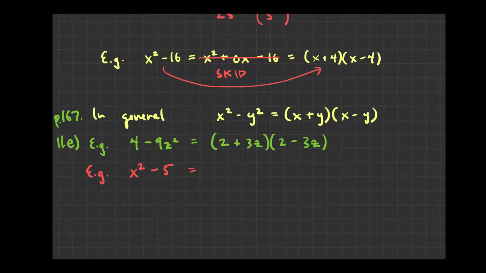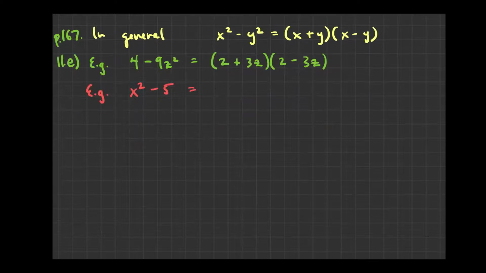Well, here's the thing. Can we write 5 as something squared? The square root of 5, right? It's kind of like inventing a problem just to fix it, but the square root of 5 squared is 5.